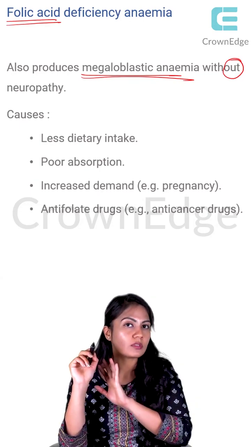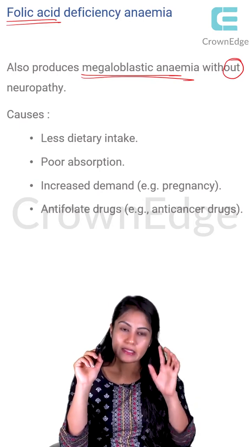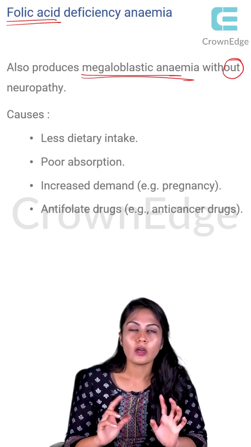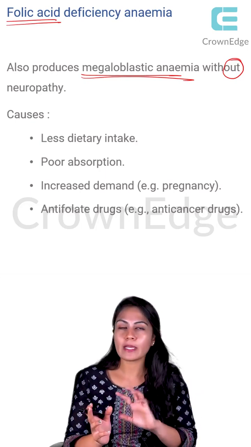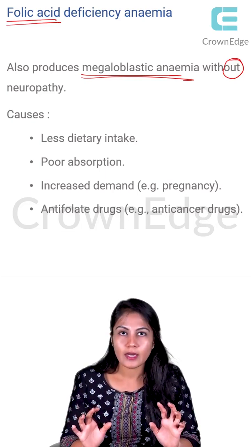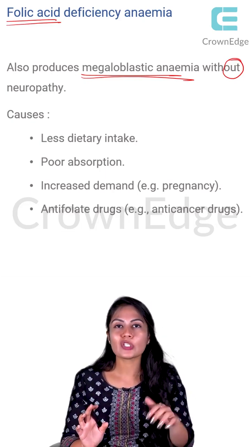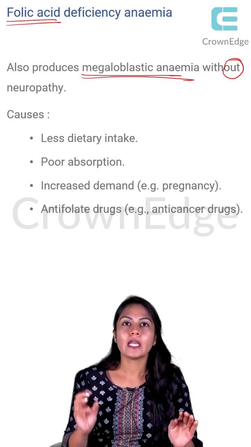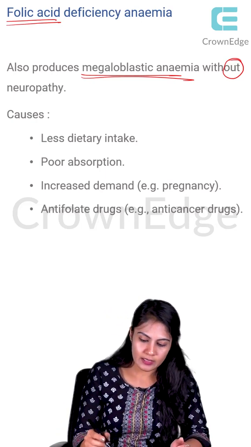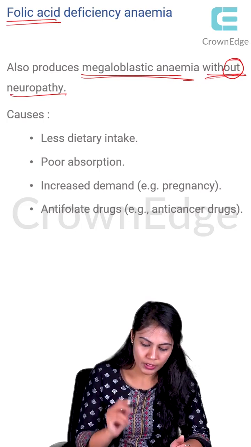If no CNS symptom is occurring and it is still megaloblastic anemia, then the only difference between these two types of megaloblastic anemia, pernicious and folic acid, is this: in pernicious you get CNS symptoms, and in folic acid anemia you do not get any CNS symptoms, so without any neuropathy.